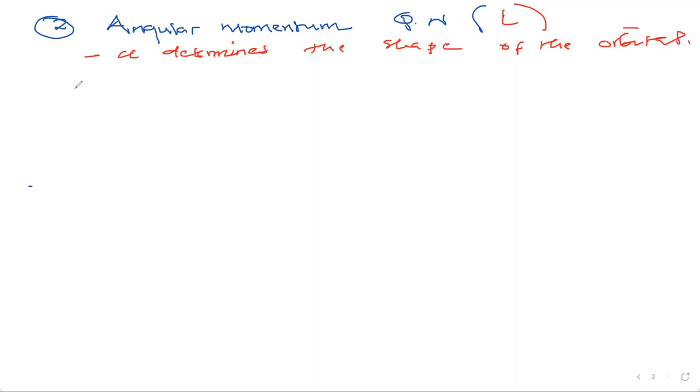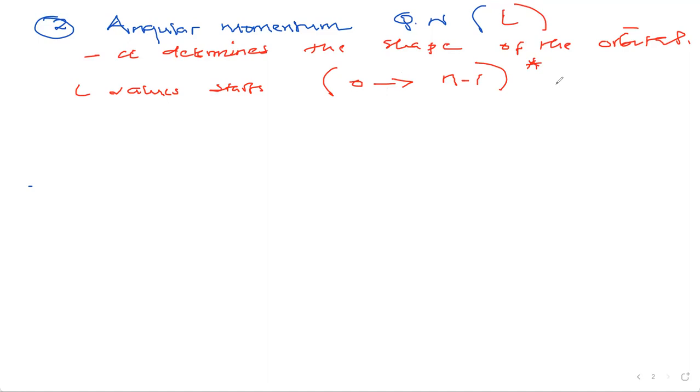For angular momentum, the values of L start from 0 to n minus 1. So the idea we are trying to put across is that it is dependent on the value of n.